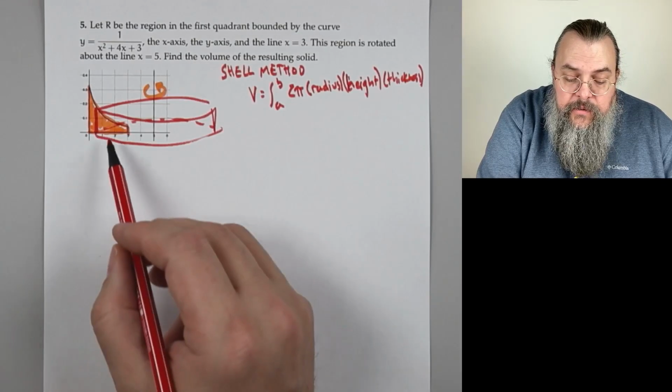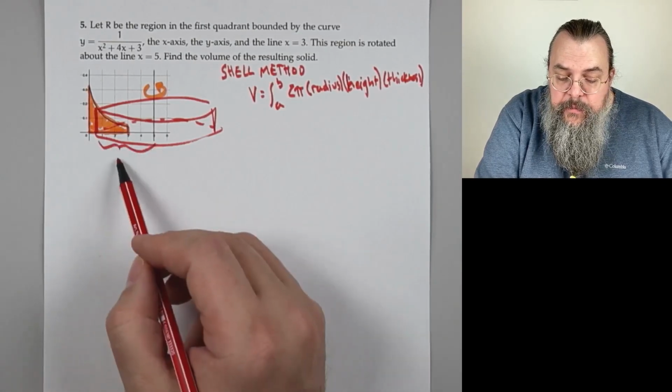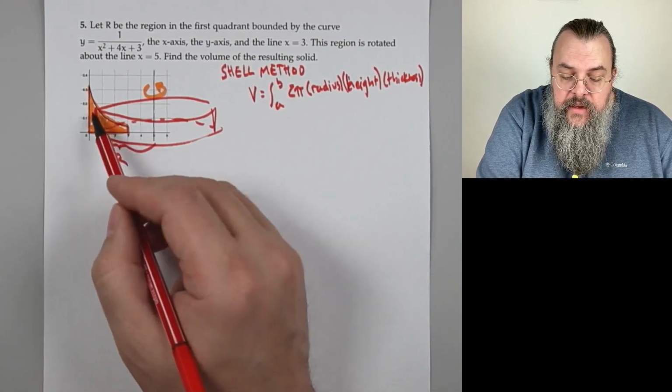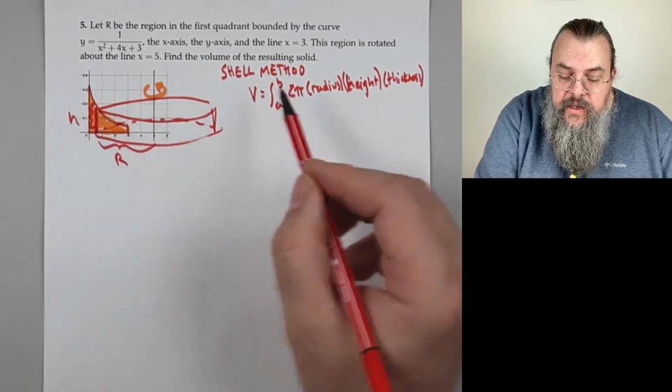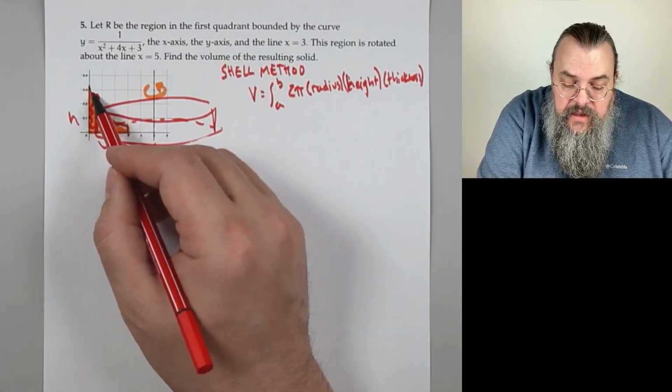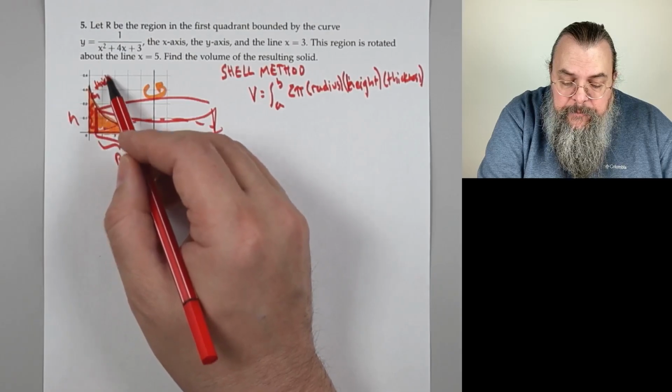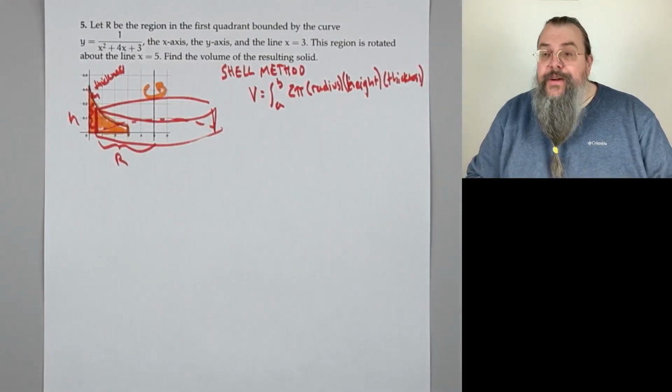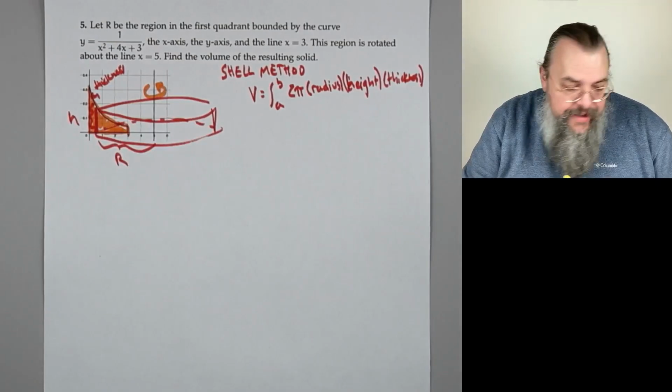Okay, so when I talk about radius, that's this part here. This is our radius. Our height is this part here. And our thickness is that little tiny part there. Okay, so let's put it all together.